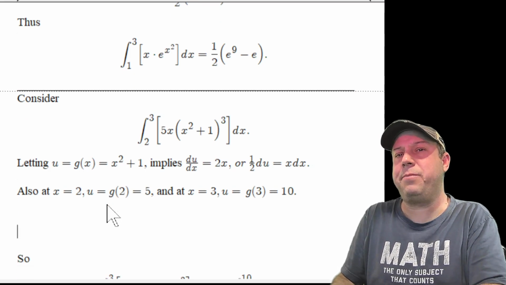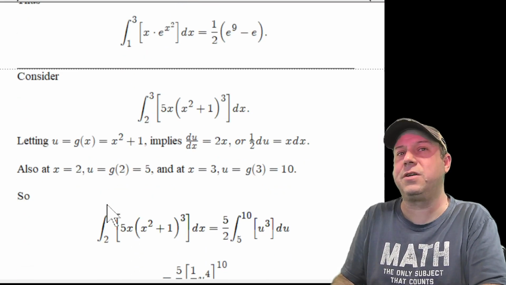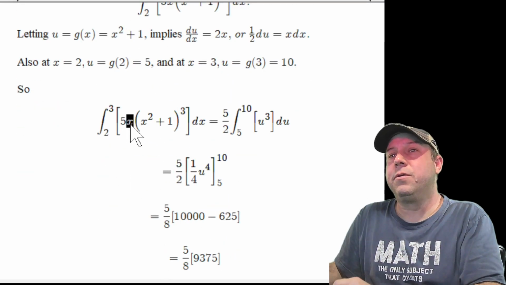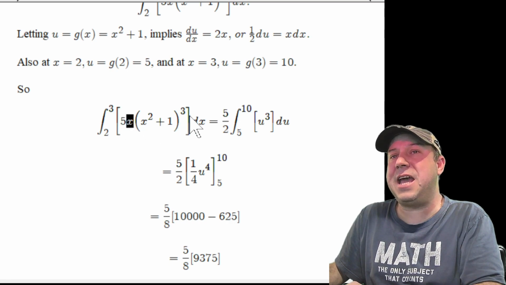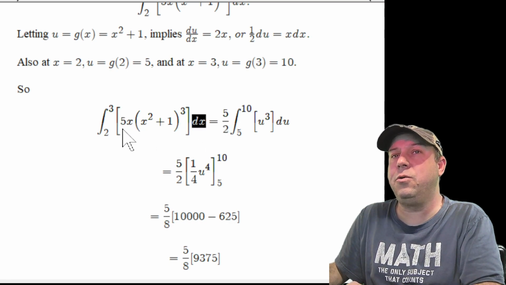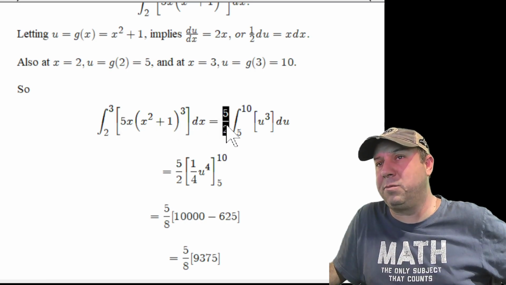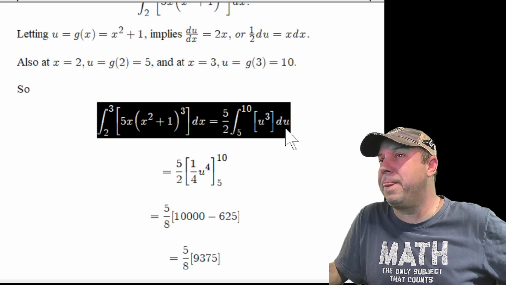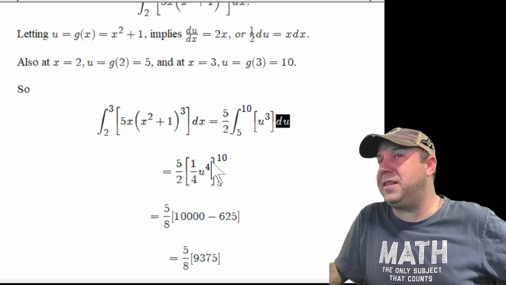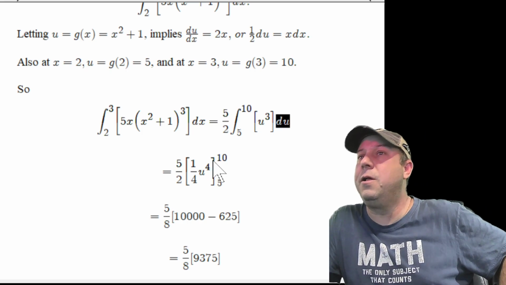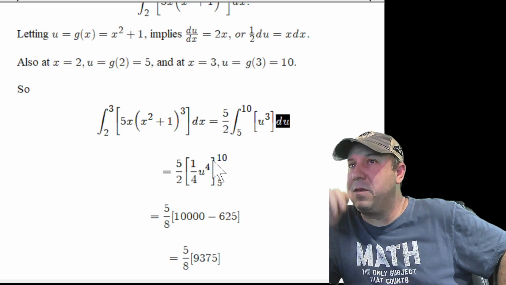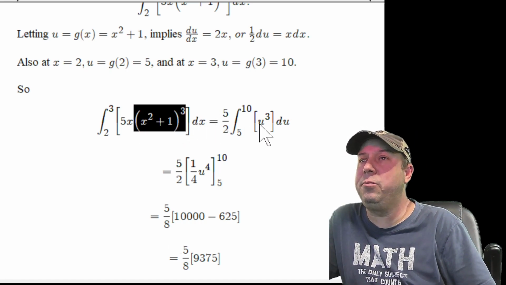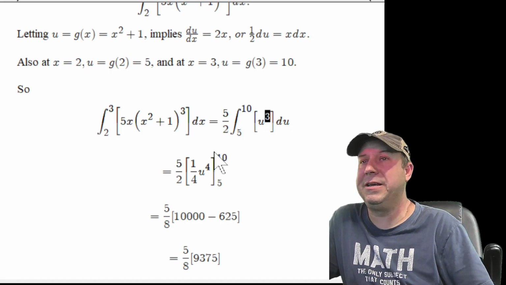So if we go to set up our antiderivative, or our definite integral calculation in this case, that x dx will get replaced with 1/2 du, and that 5, being a constant multiple, will bring itself out in front with the 1/2 as a 5/2, and your du will stay inside the integral as the differential for the variable u, and the statement x squared plus 1 cubed would turn into the statement u cubed.